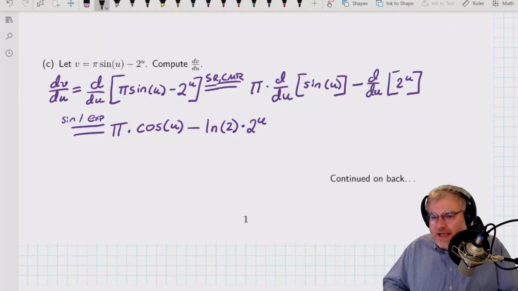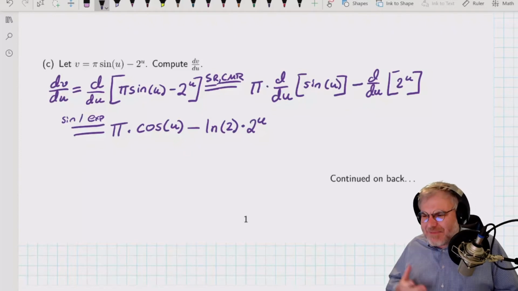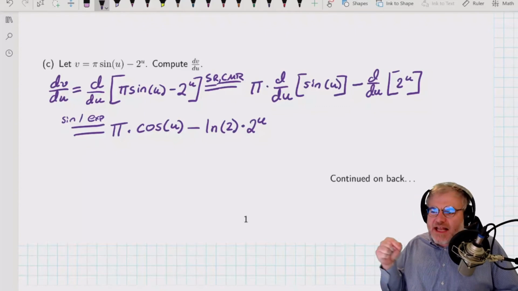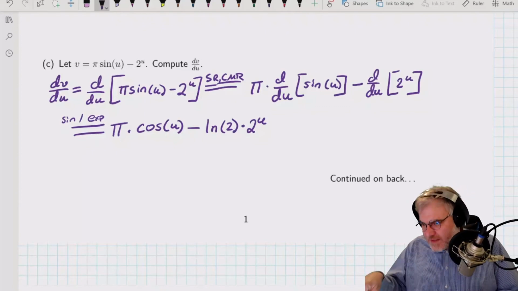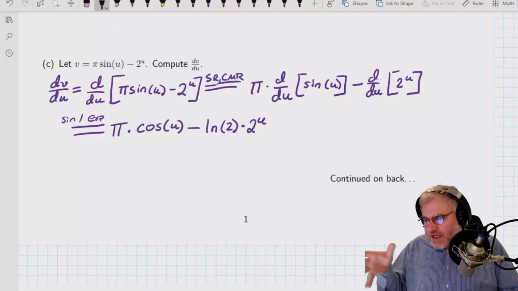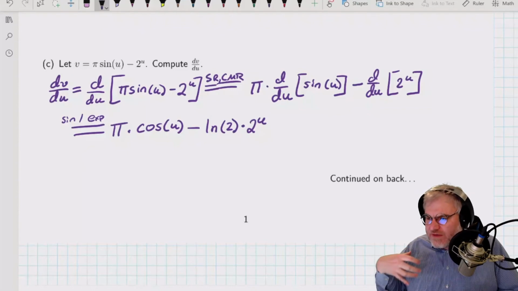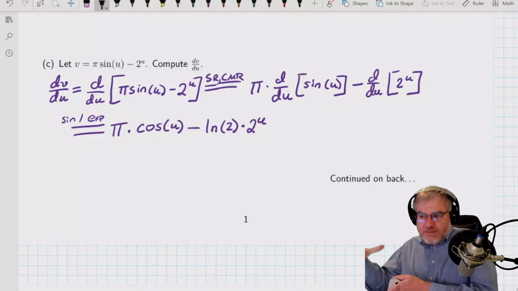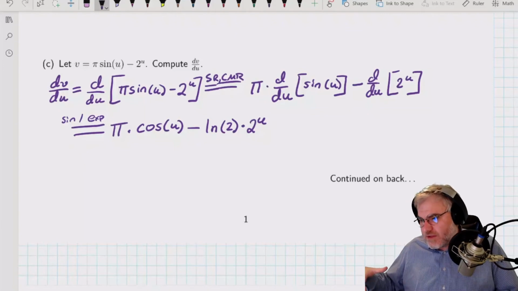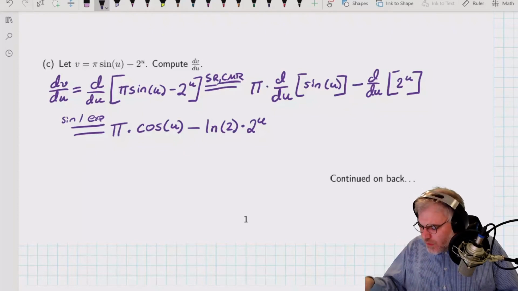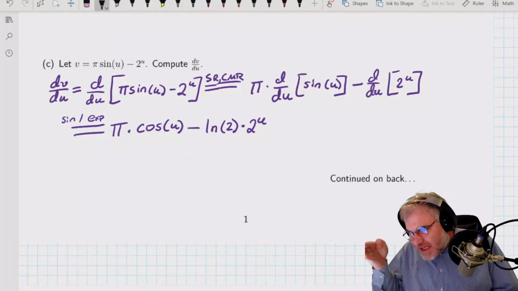That's hard, by the way. Getting those set. What do I mean by moving? I've mentioned this before when I did limits. What's the thing that moves? It's the thing I'm taking the derivative in terms of, or anything that is driven by the thing I'm taking the derivative in terms of. So if I give a little nudge to u, in this 2 to the u, the exponent gets the little nudge.